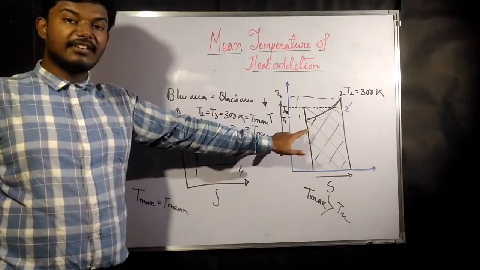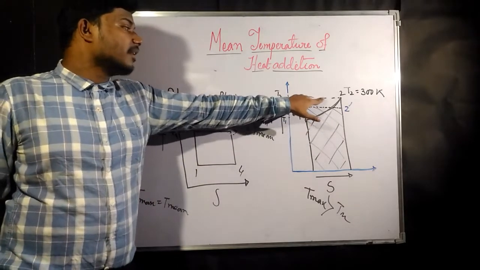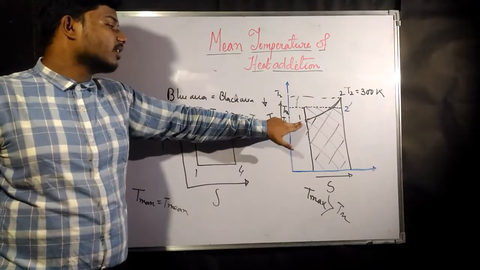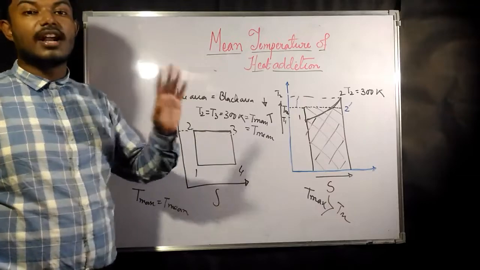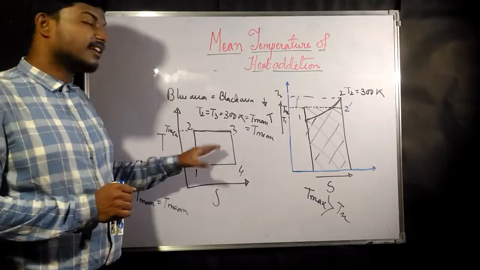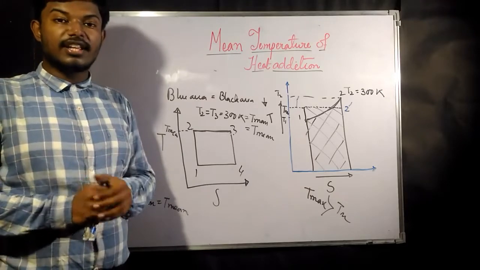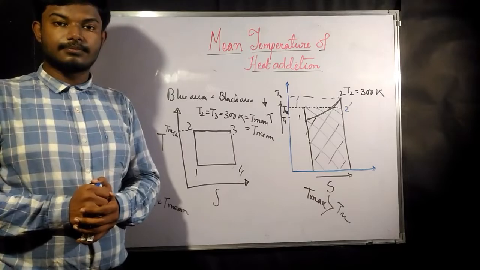No other cycle can give that. This T mean will come here only when point 1 comes here, and this only happens in the Carnot cycle. So the Carnot cycle has the maximum mean temperature, and that is the reason the efficiency of the Carnot cycle is always greater than all other cycles.